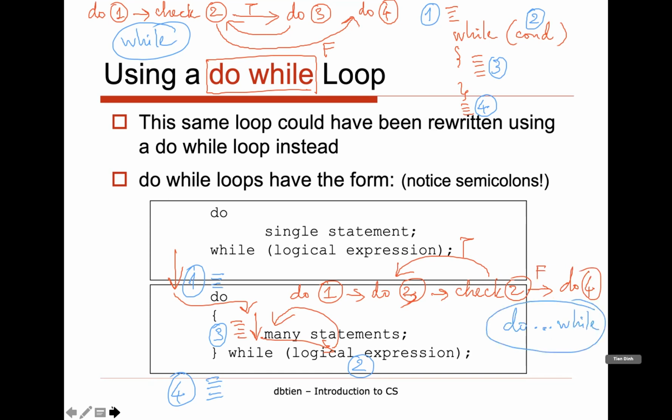What is the key difference between the while loop and do while loop here, everyone? Can you see the flow here? What is the key difference? Okay, in the while loop I check the condition first.